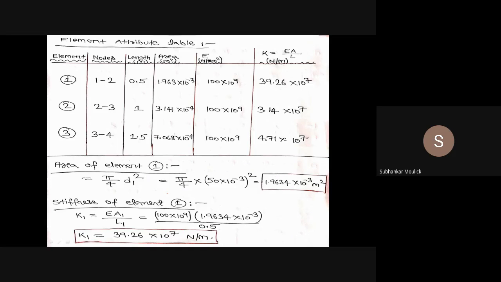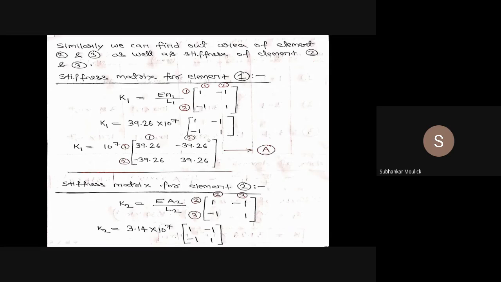The next step is we have to compute the local stiffness matrix for each and every element. Since there are 3 elements present in the problem, there will be altogether 3 local stiffness matrices.